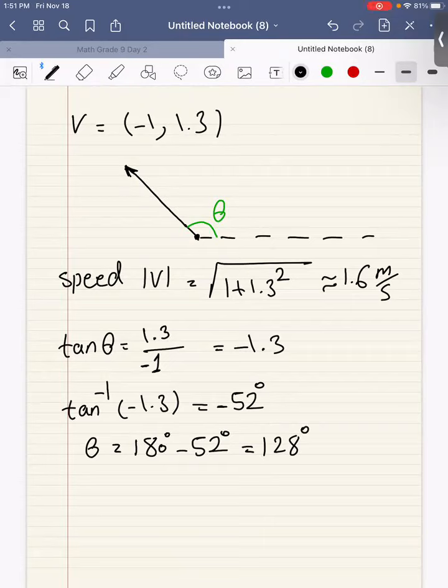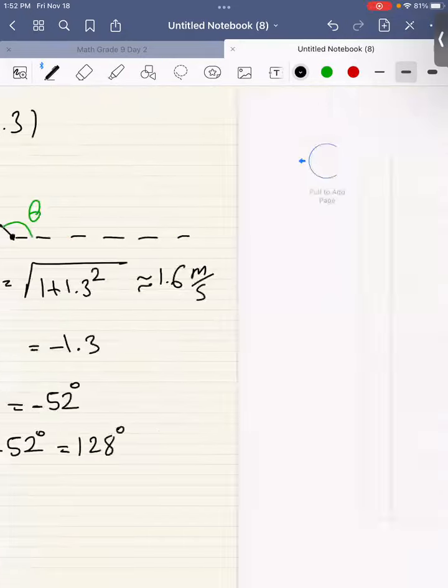Okay. Now, for the last part of this question, I want you to do the same computation for acceleration. Find the average acceleration.